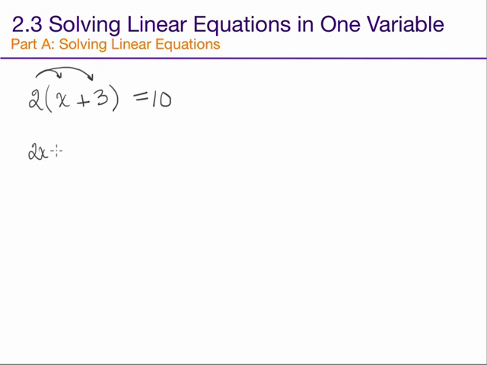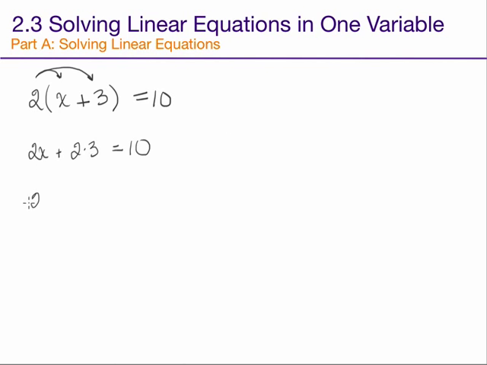2 times x plus 2 times 3. Notice that I've written down the equals 10, primarily because I don't want to forget that it's there. If the left-hand side of this equation equals 10, then changing its form does not change the fact that it's equal to 10.